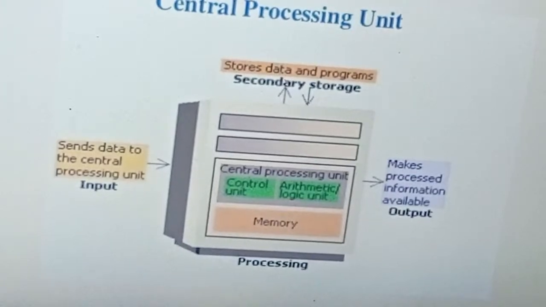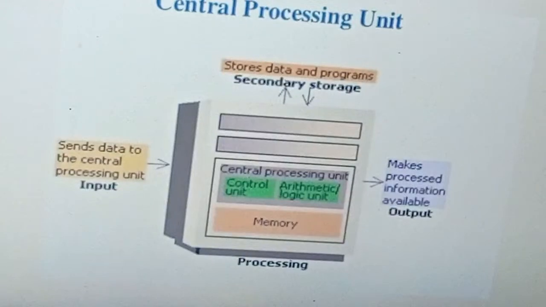This is the part of the machine, that is the central processing unit.